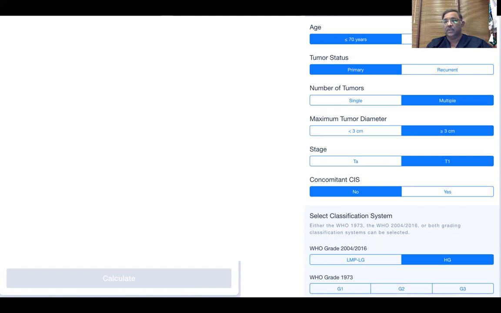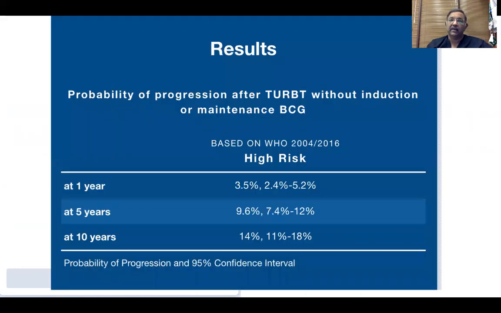There was no carcinoma in situ, and the grade was high grade. So this patient is categorized as high risk based upon the risk calculator, with 1 year probability of progression at 3.5%, 9.6% at 5 years, and 14% at 10 years.